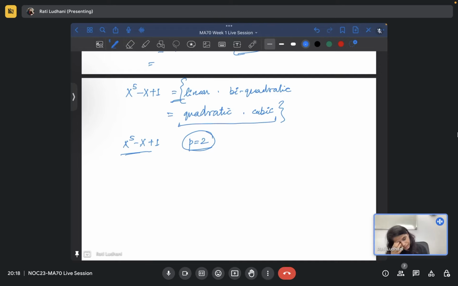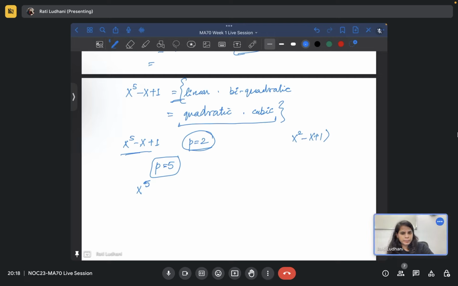Maybe sir will discuss a property, but let's say you take p equals 5. Ma'am, I think we don't need to go to code for that one. If we try x square minus x plus 1, plus or minus 1, that would be sufficient, I think. For quadratic you are saying?